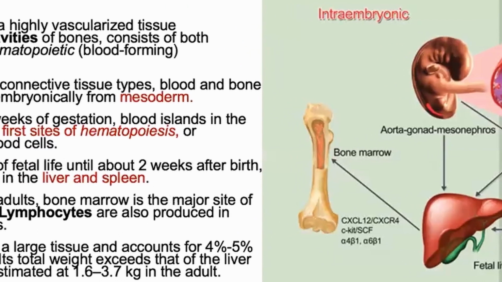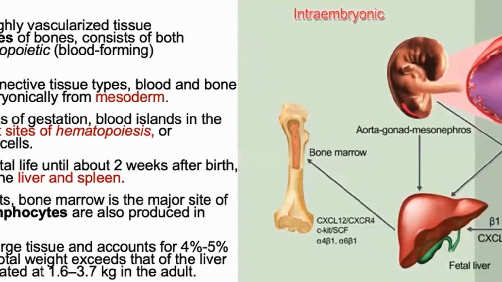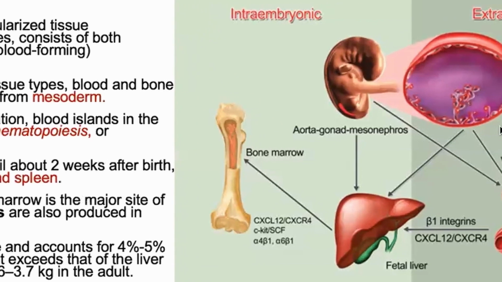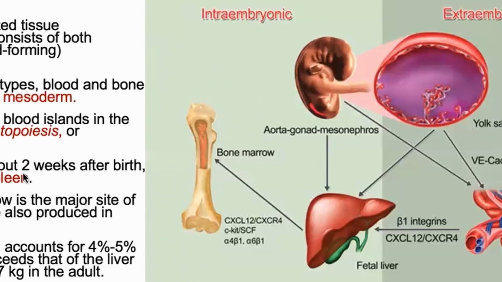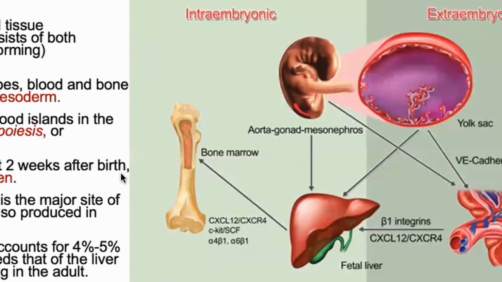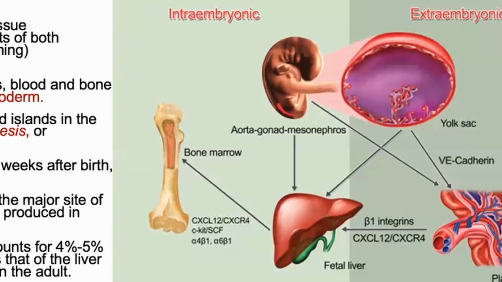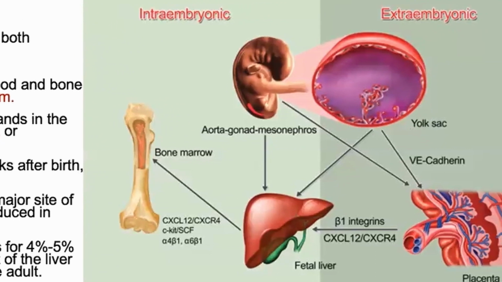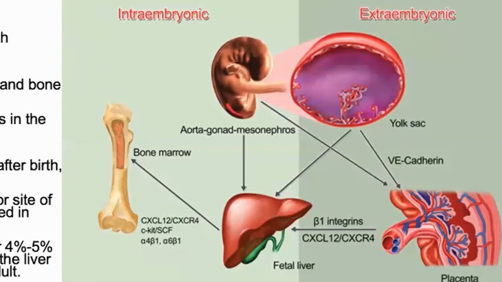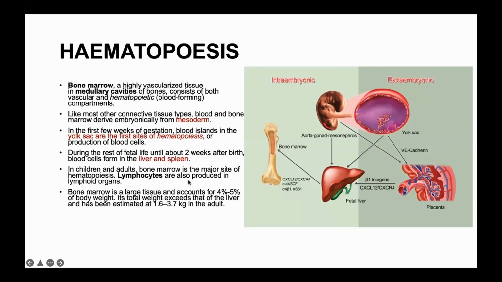So in early life, the cells are synthesized in the yolk sac here, and during the rest of fetal life until about 2 weeks after birth, the liver and the spleen synthesize the red blood cells. The lymphocytes, on the other hand, are produced in lymphoid organs.